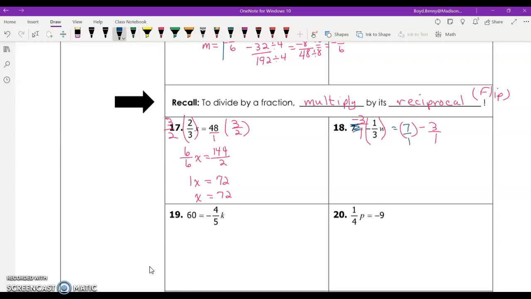Let's make 7 a fraction by putting a 1 underneath it. When I multiply here, negative 3 times 1 is negative 3. 1 times 3 is 3. W, keep my W right there. Equals 7 times negative 3 is negative 21 over 1 times 1 is 1.